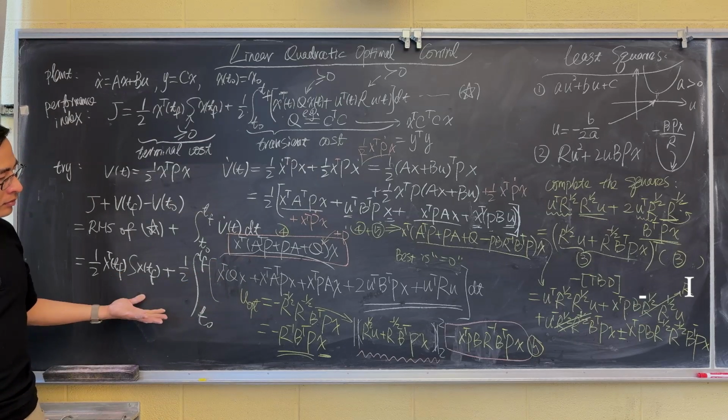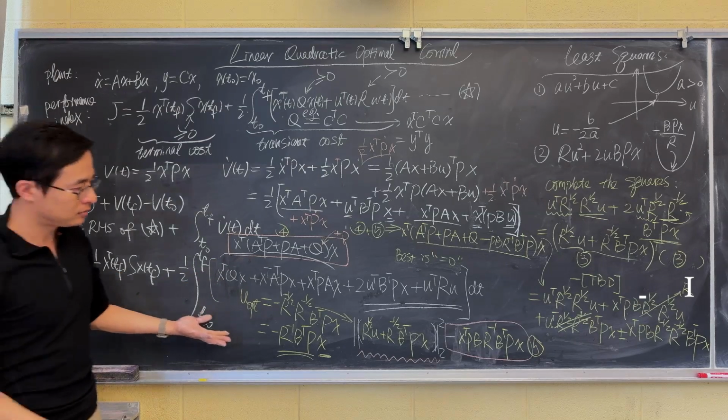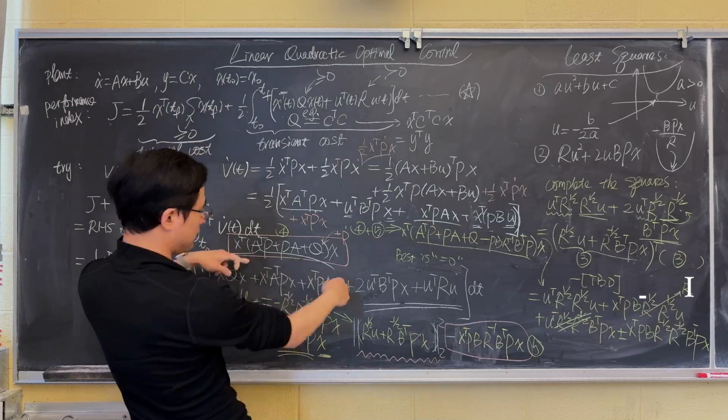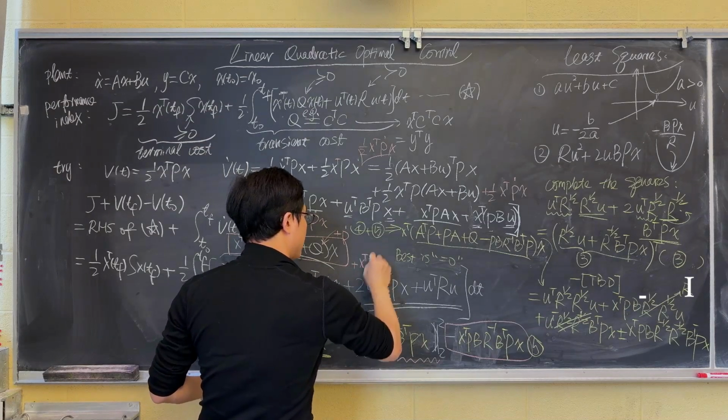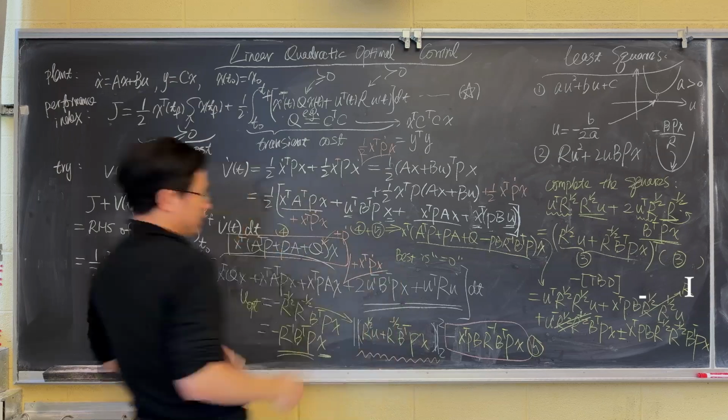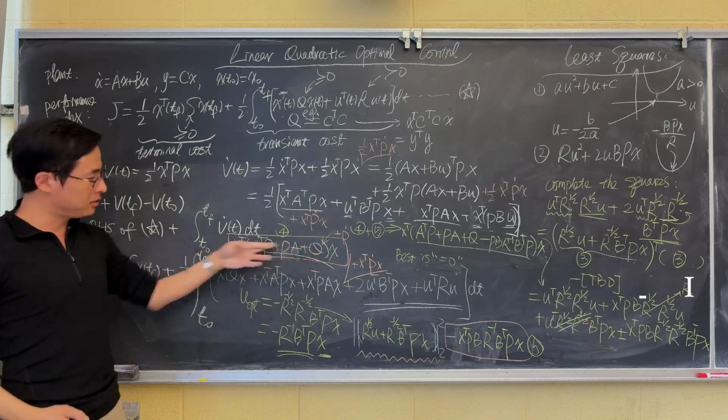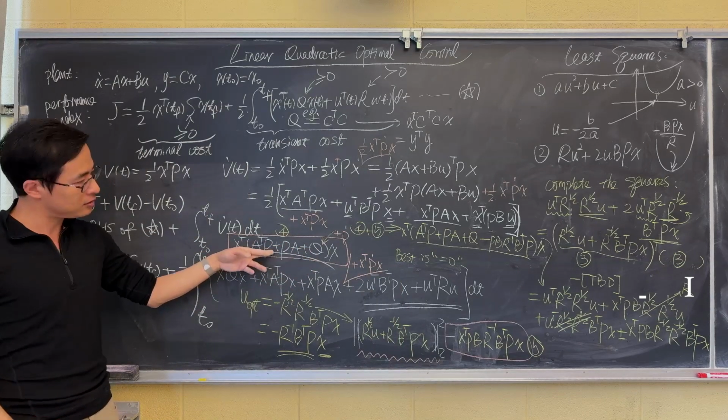Then the other terms doesn't change very much. So this one, in the infinite cost, it appears one extra term that's going to be combined into this Lyapunov-like equation.